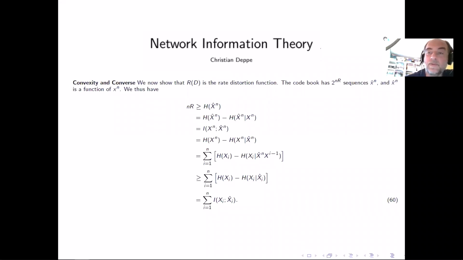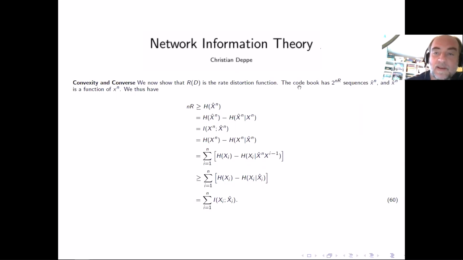Now we want to use this fact just to show that R of D is the best possible rate distortion function. Therefore, we do the same as we did before. We know that x hat of n and xn.